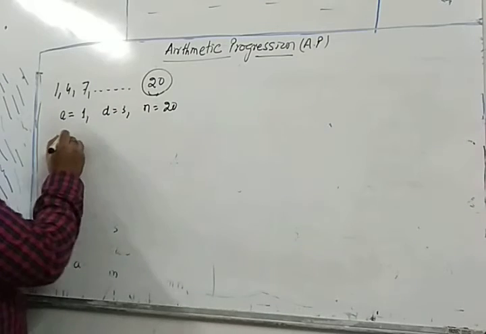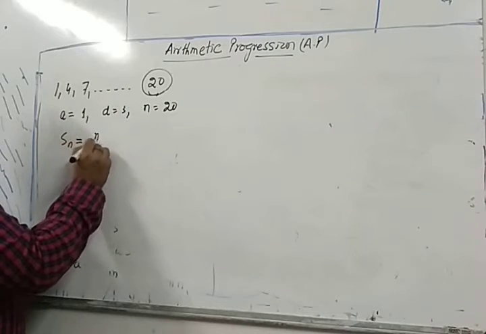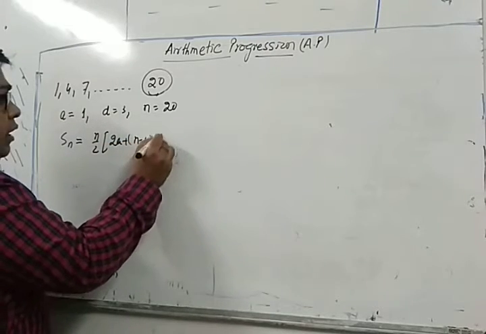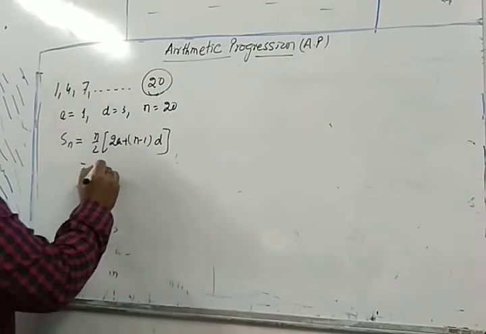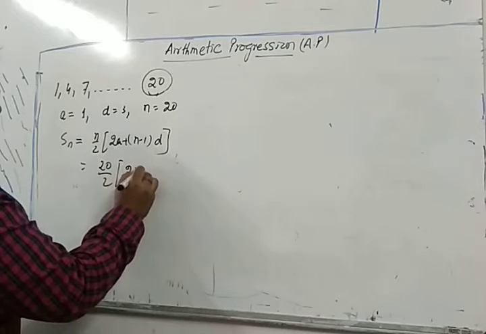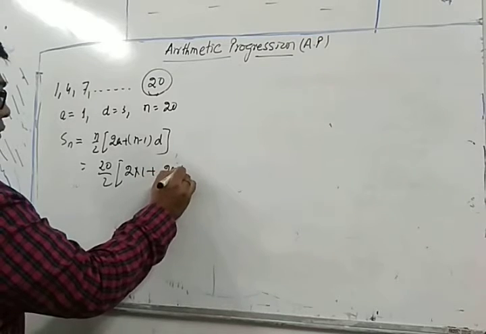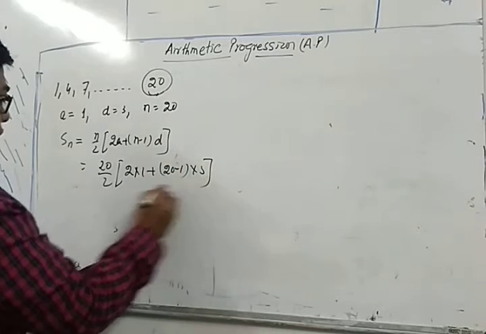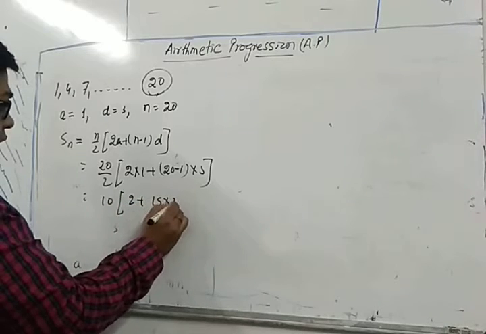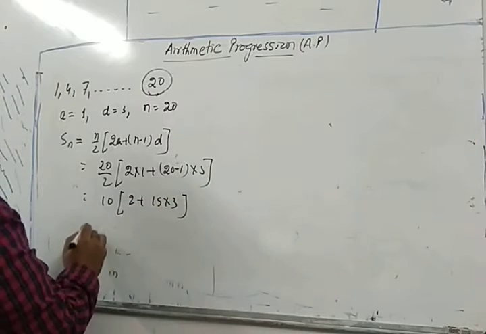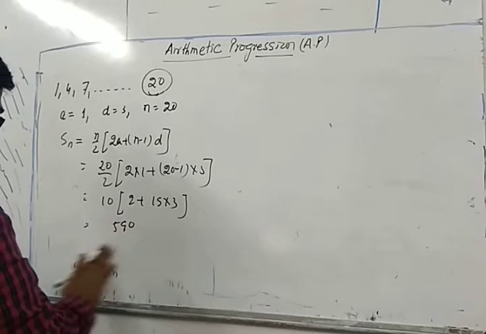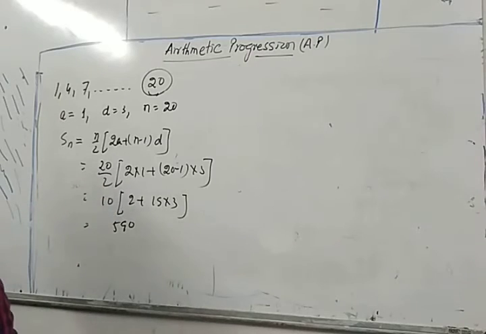Using the very simple formula n by 2 into (2a plus (n minus 1) into d), putting these values: 20 by 2, 2 into 1 plus (20 minus 1) into 3. That is 10 into (2 plus 19 into 3, 57), 59, so the answer is 590. It is a very simple starting question.